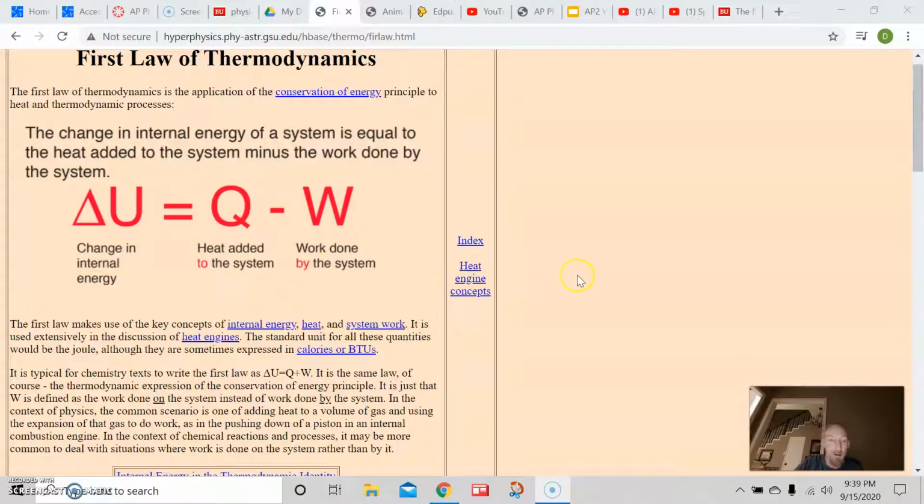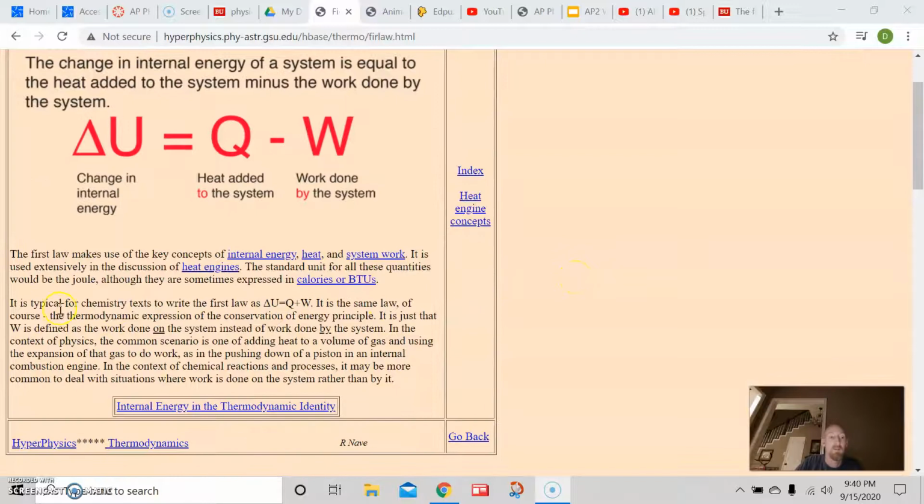So which is it, on or by? And if you look at this, well, it depends. Chemistry texts use ΔU equals Q plus W. They say it's the same law, right? It's just that work is defined as the work done on the system instead of by.